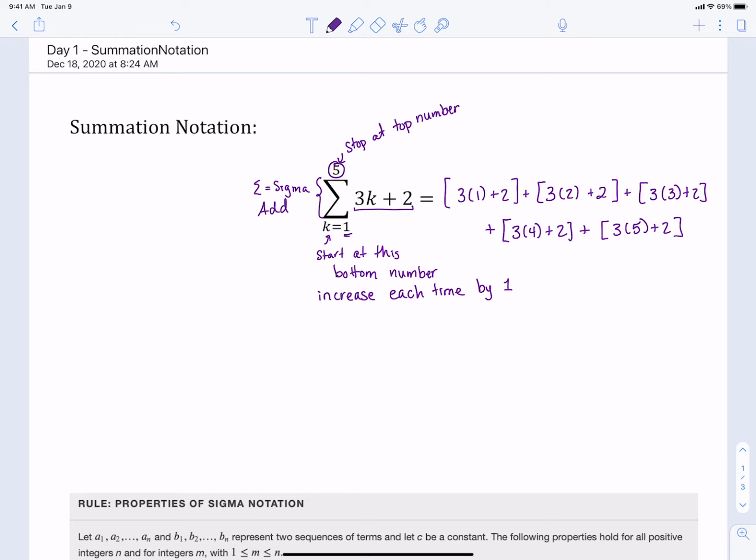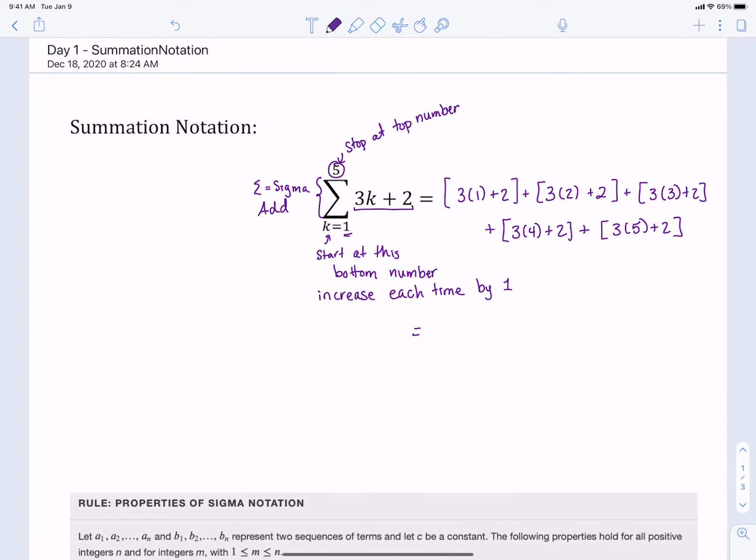So this sigma notation is telling us to add up what we get from plugging 1, 2, 3, 4, and 5 into the expression 3k plus 2. Plug each of those numbers in and then add up what you get.